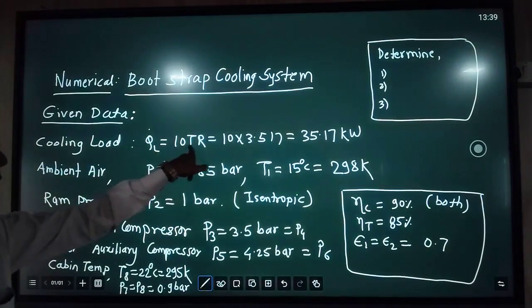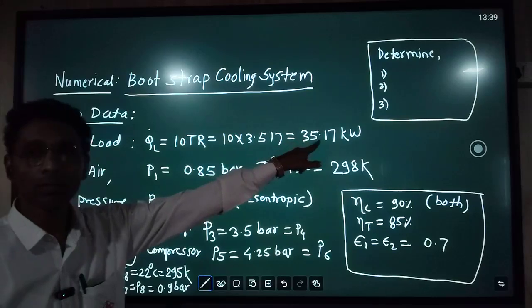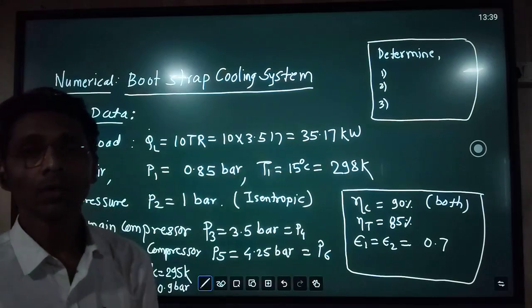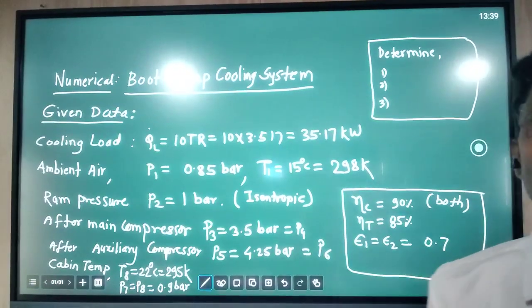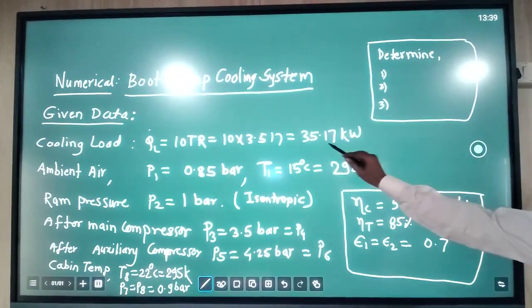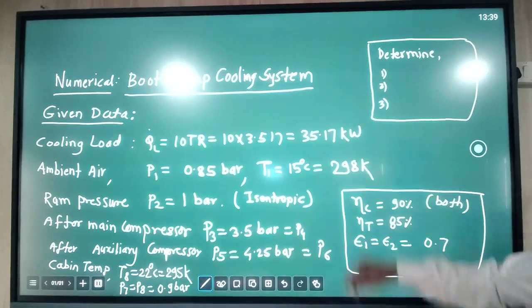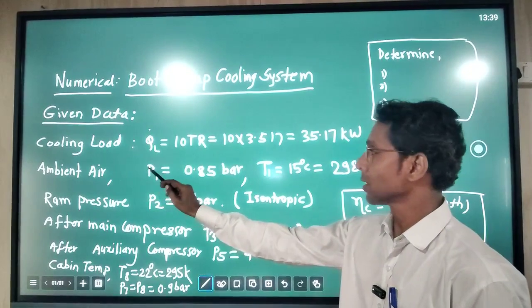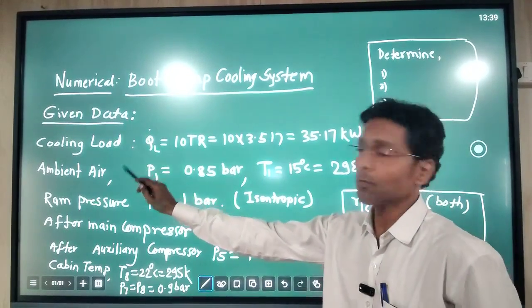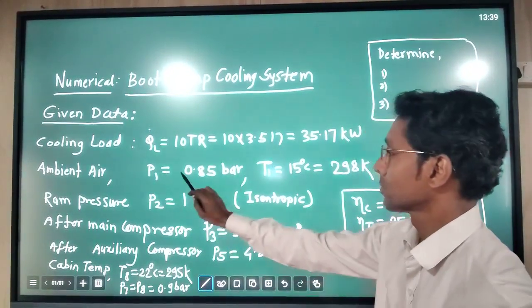Cooling load: the TR to kilowatt conversion, which we already know, gives 35.17 kilowatt. Condition of air at the entry of the diffuser, before ramming, is P1 and T1.